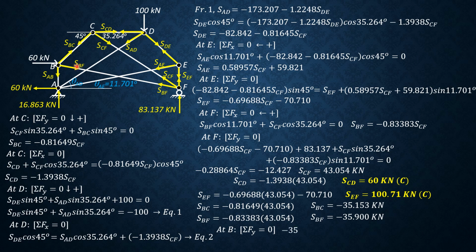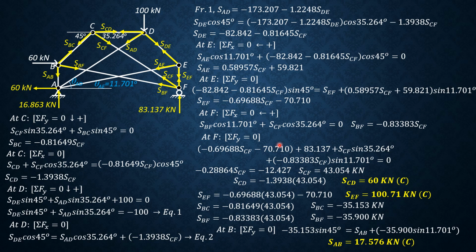So SBC, which is negative 35.153 sine of 45, equals SAB plus SBF, negative 35.9 sine of 11.701. So from here we can solve SAB. SAB is equal to negative 17.576, or SAB is 17.576 kilonewtons compression.